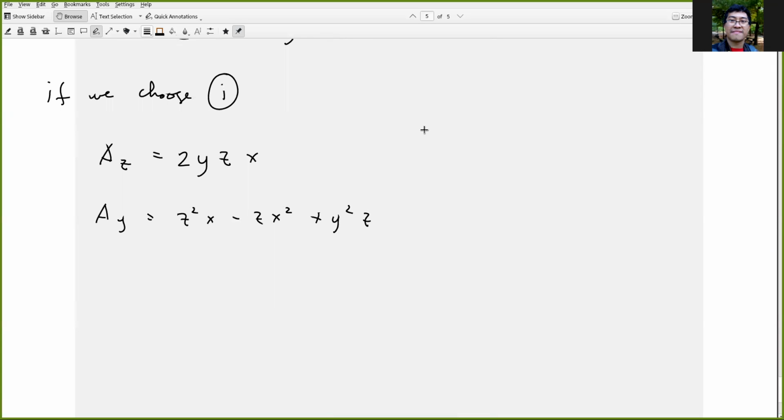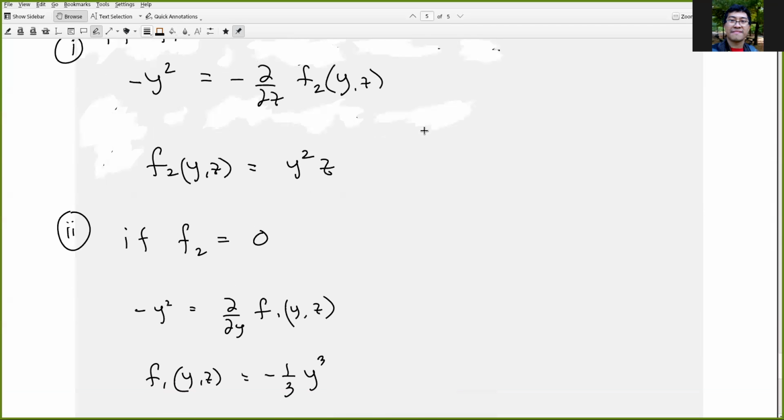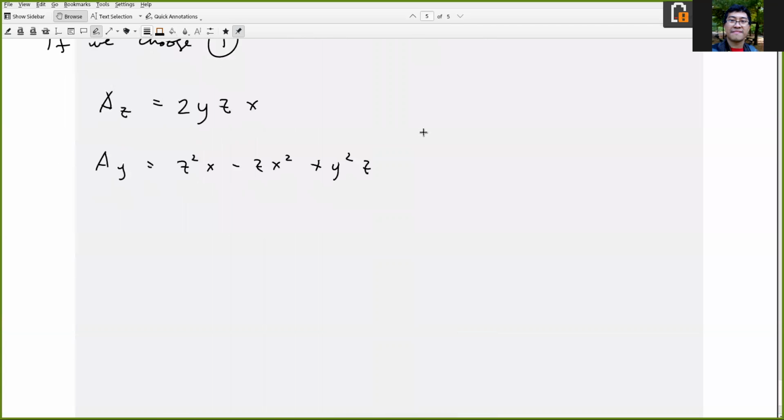And these are just a few, or one, a that gives us del cross a equals v. So a is, you have z squared x minus zx squared plus y squared z.